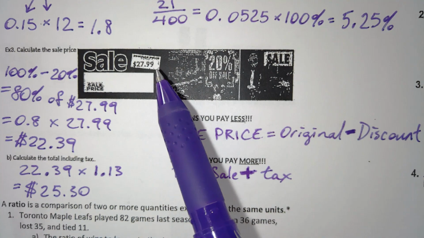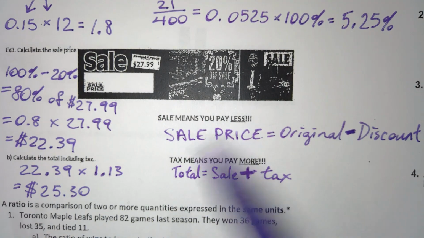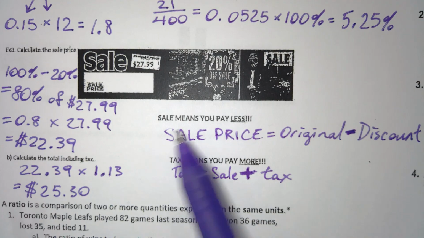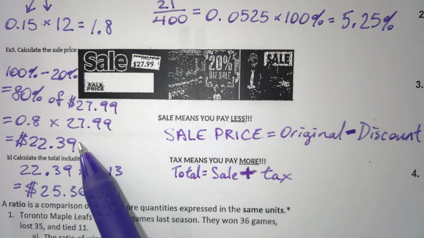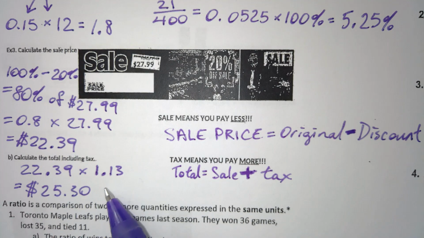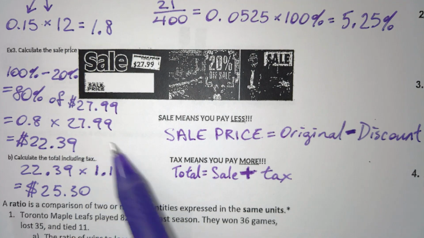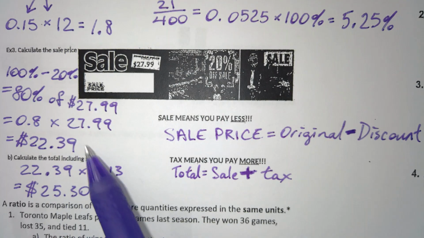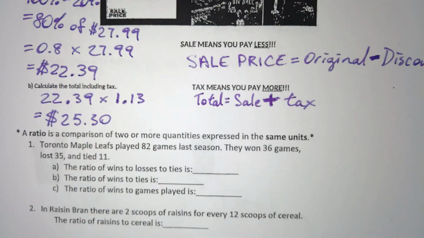Can your sale price be more than your original? No. And if my sale price is this, and I say my final price is 100, the government is ripping you off. So you know that your total price should be pretty close to your sale price.